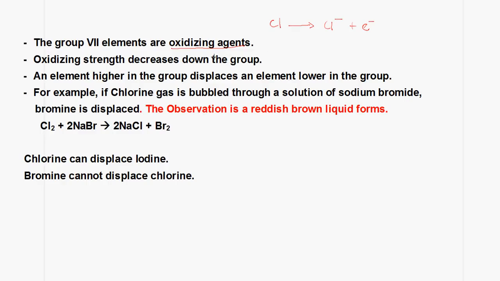So if chlorine is acting as an oxidizing agent, it is itself reduced. So chlorine has an oxidation number of 0. The chloride ion has an oxidation number of -1, and we know that a decrease in oxidation number is called reduction.